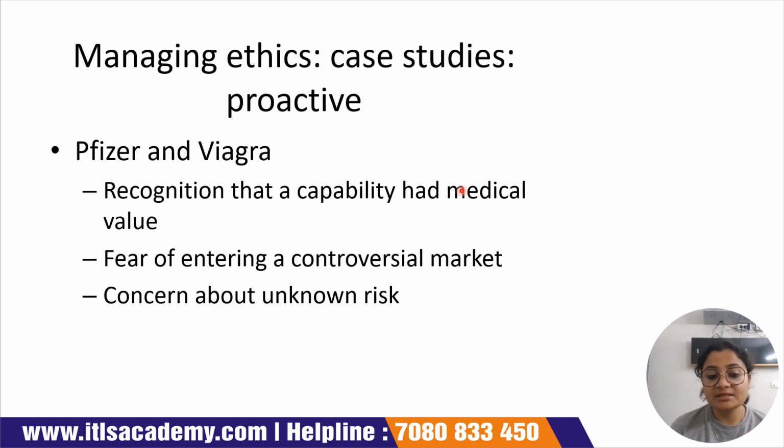Okay, so Pfizer and Viagra, which is used to elevate sexual performance. So with these two medicines, there were some controversies and ethical issues that came up regarding these two drugs. One is a vaccine and one is a medicinal drug.